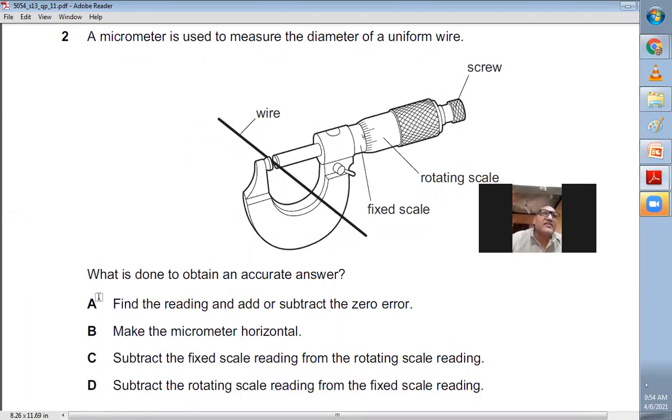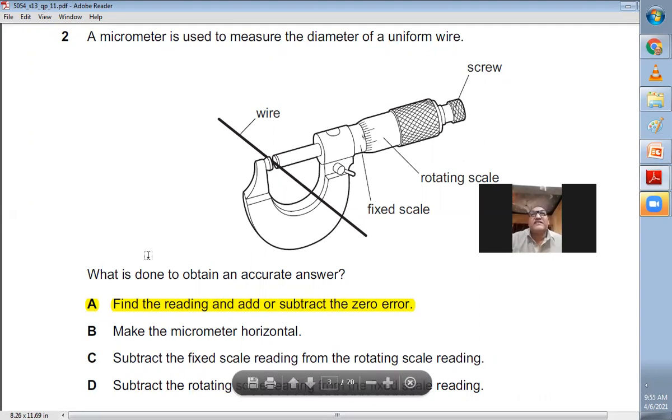Yes, I think this is the right answer, but let's read the other options also. Make the micrometer horizontal. That's not true. Subtract the fixed scale reading from the rotating scale reading. We add them up, so C is also not right. Subtract the rotating scale reading from the fixed scale reading. That's wrong. So A is the right answer, and the marking scheme also says A is the right answer.